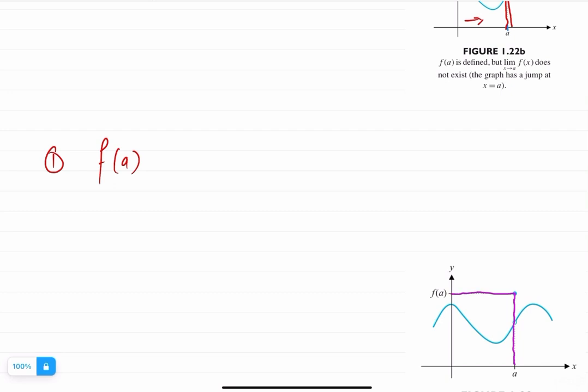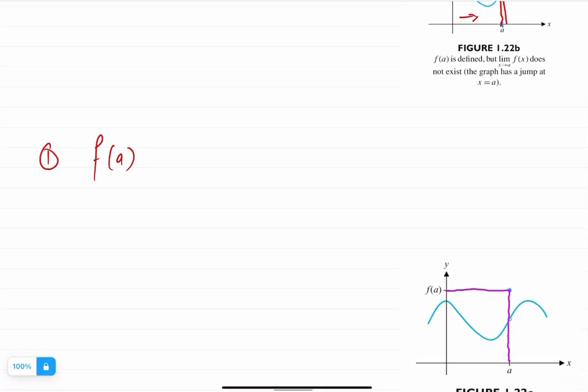That is this. F of a is defined. The first condition is met. The second one is that we have to check the limit. Is the left hand limit equal to the right hand limit? Let's check that. If we approach this function from the left hand side, the corresponding y value that we're getting is this.